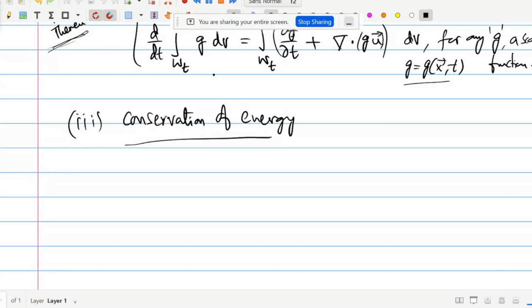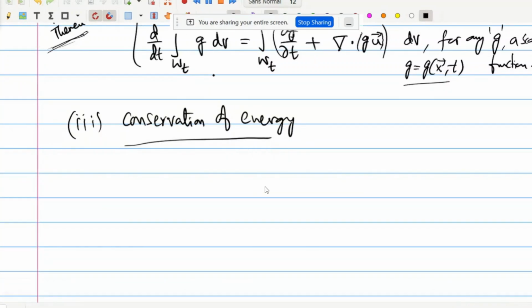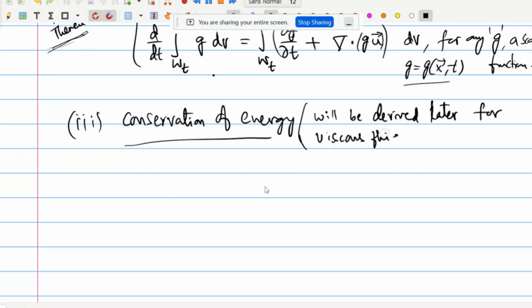So let me put it in words. For ideal fluids, this will be derived later for viscous fluids, where it involves thermal energy and other energies.